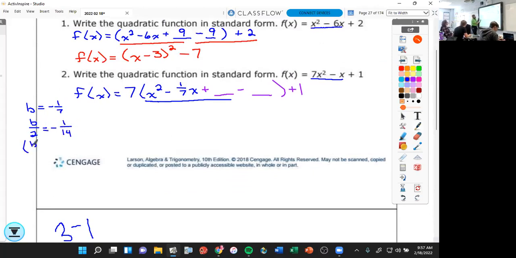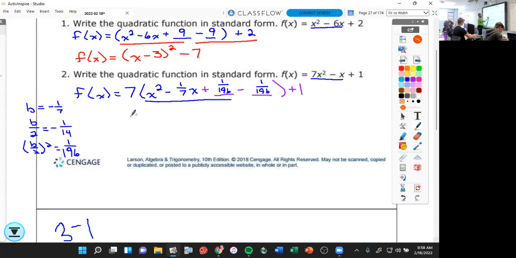What is that squared? It's 1/196, because 14 times 14 is 196, which means I have to add 1 over 196 and I subtract 1 over 196. Yes, it's ugly, but it is what it is.